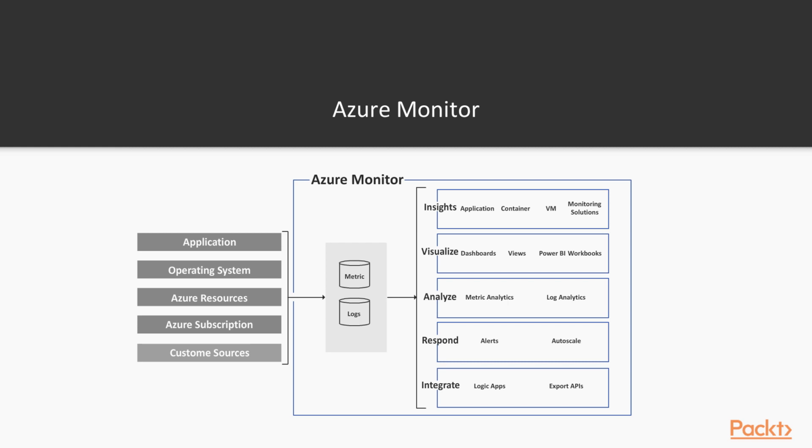It allows you to gain insights, visualize them in dashboards, views and workbooks, analyze them using Log Analytics and metric analytics, and correspondingly also take action based on the outcome of these results in terms of alerts or autoscaling. This information can also be integrated using Azure integration components like Logic Apps to other systems.